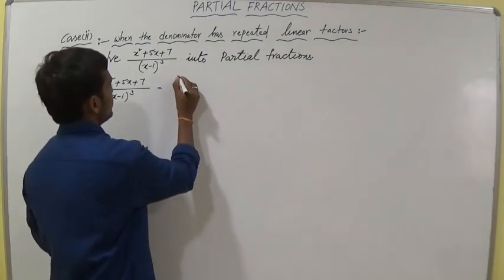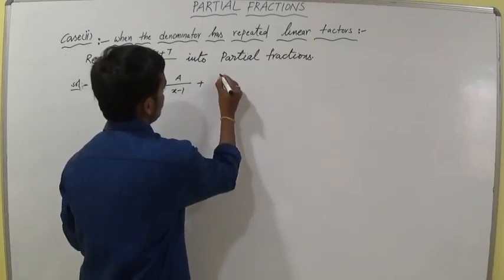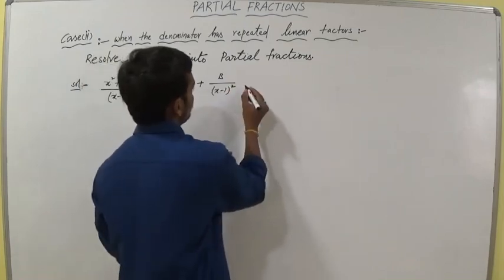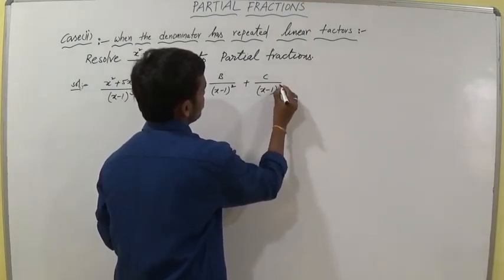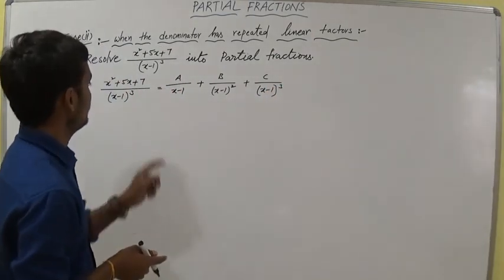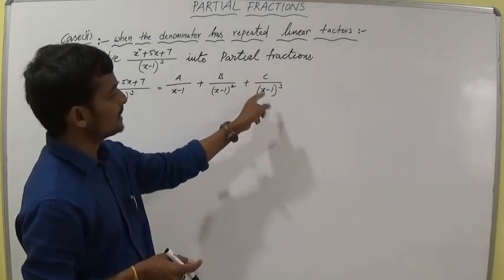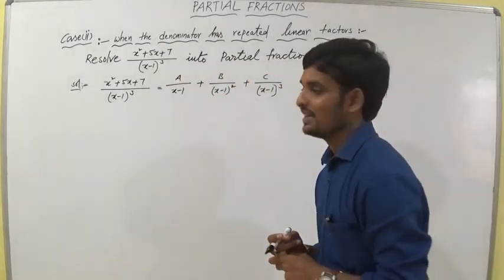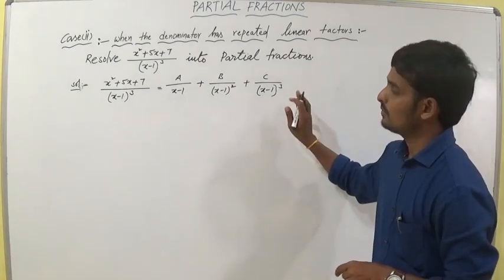So we get a by x minus 1 plus b by x minus 1 whole square plus c by x minus 1 whole cube.